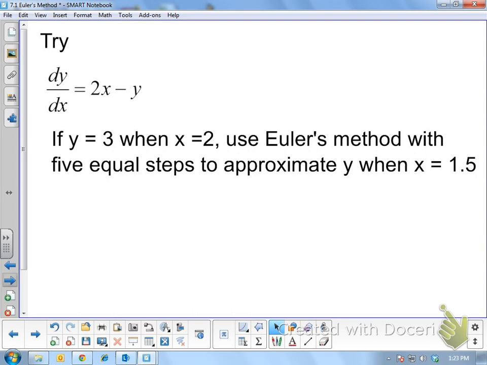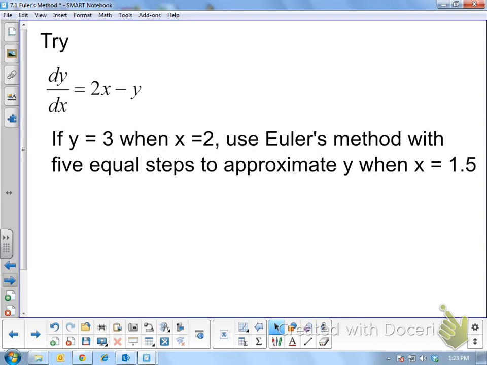Where did they tell us to start, and where did they tell us to finish? Start at 2, finish at 1.5. So that is a distance of 0.5 apart. If we're doing 5 equal steps, what should we use for our step? 0.1.